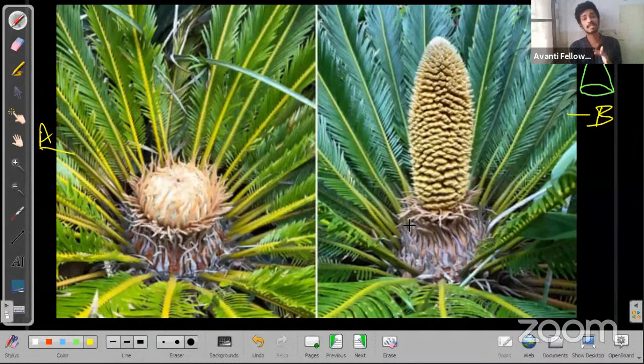But remember, guys, whatever we are talking about is related to the gametes, not the complete structure. You have to take care about that. The size comparison only happens with the gametes, not with the reproductive structures.